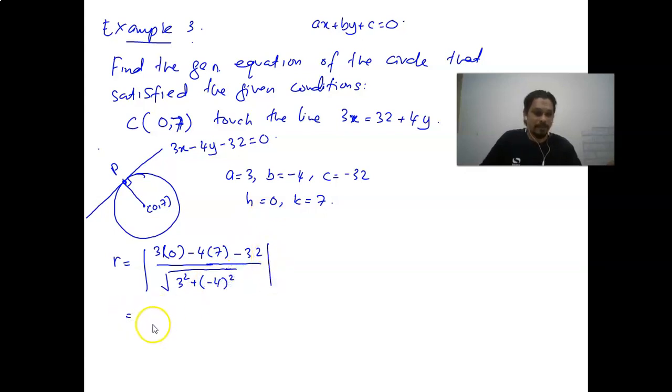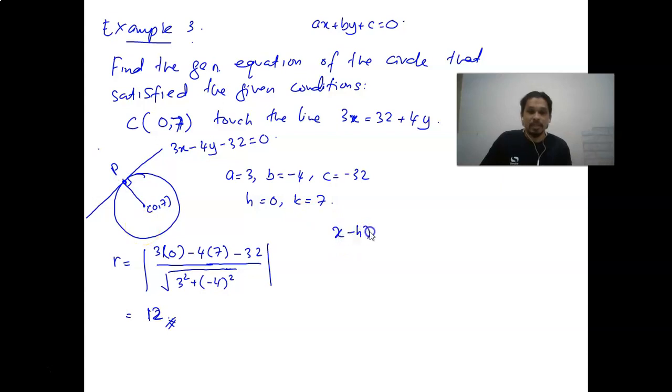Okay, so simplify this and you get 12. So the radius or distance from this point to this point here equals 12.